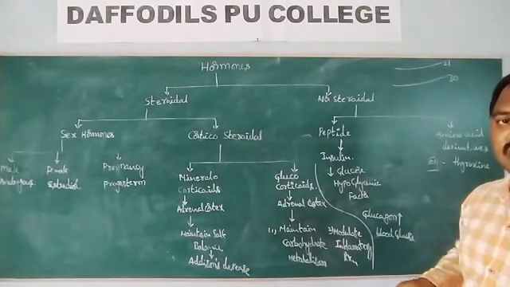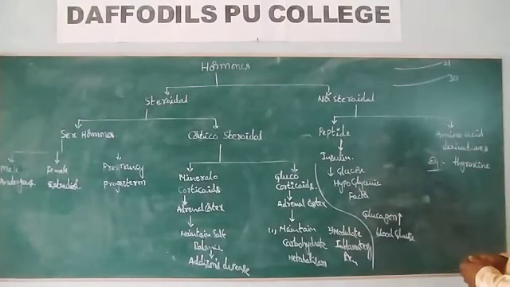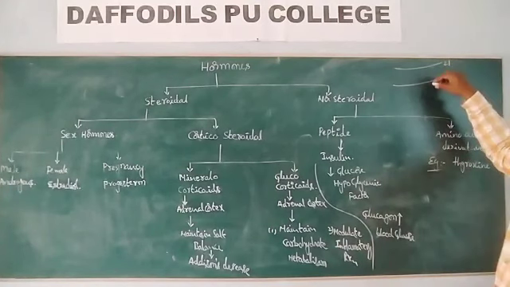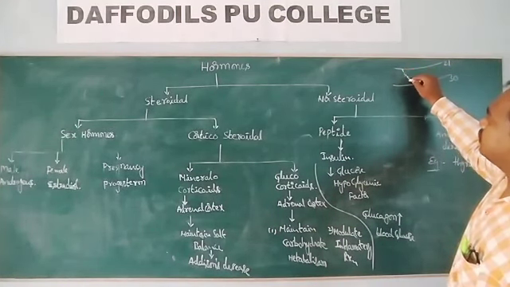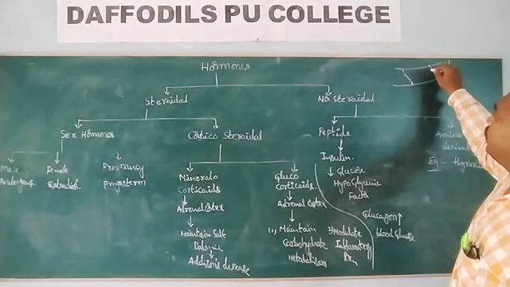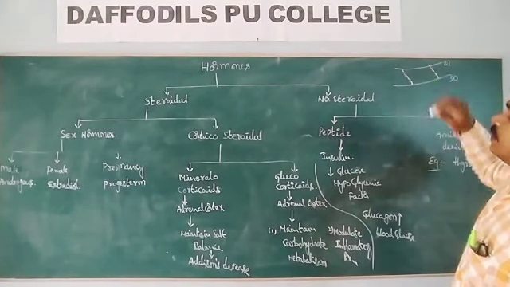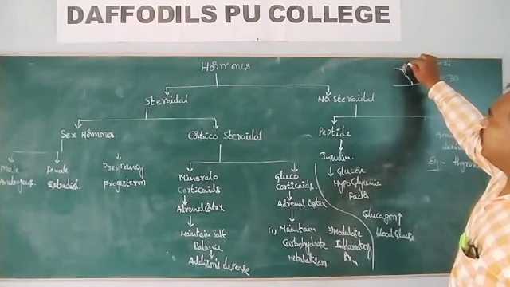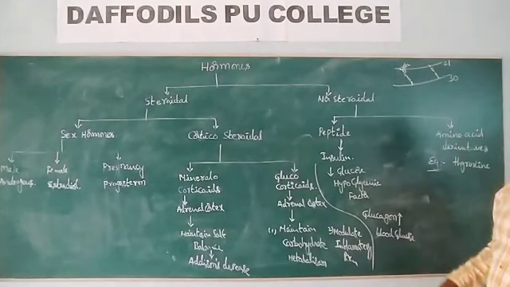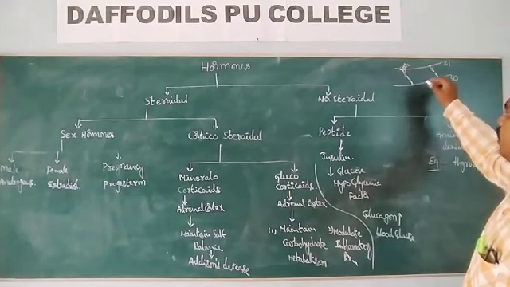Another peptide chain contains 30 amino acids. These peptide chains are connected by disulfide bondings at cysteine amino acids.